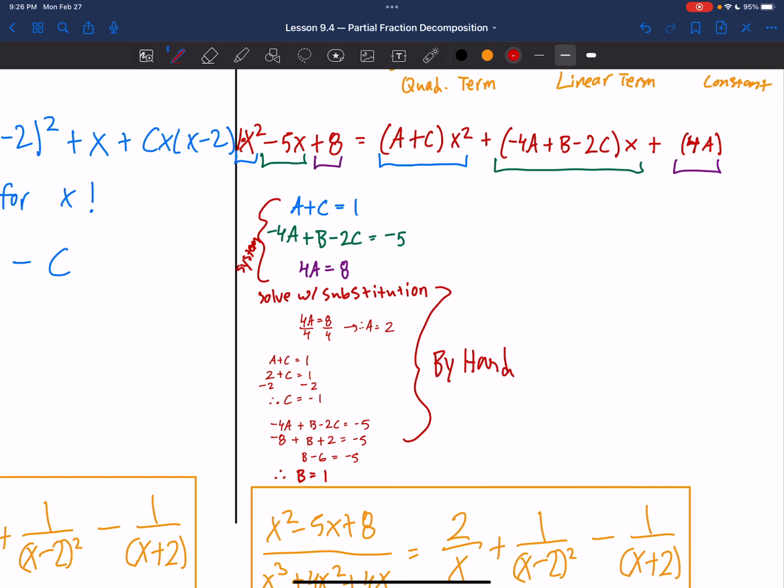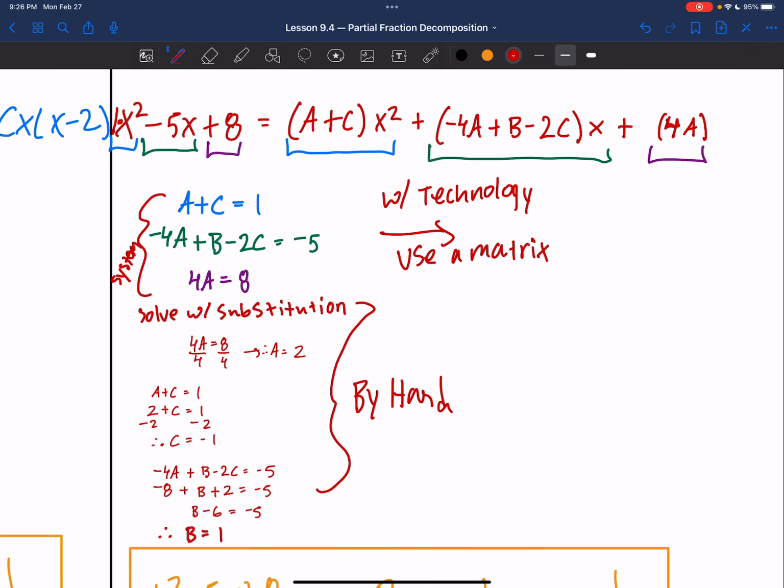But if you had technology, use a matrix. If you have access to a graphing calculator or a matrix calculator, you can set up A, B, C, and then the constant.